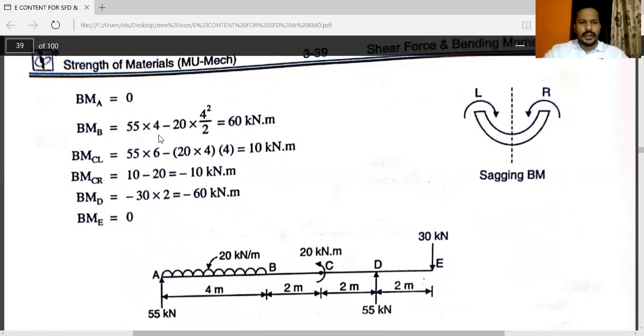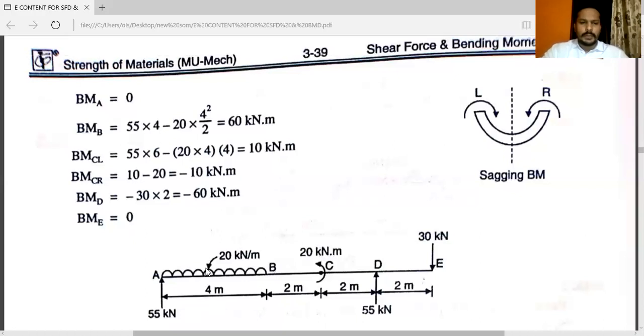So 55 into 4 minus 20 into 4, that is the intensity of the equivalent point load, and it will act at a half distance, that is 4 by 2. So minus 20 into 4 square by 2, is equal to 60 kilonewton meter.